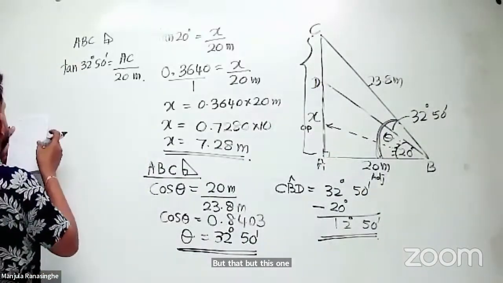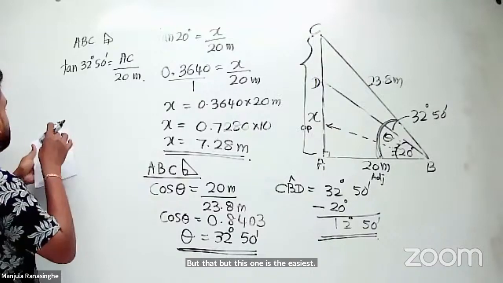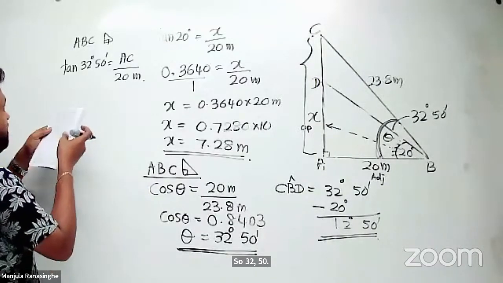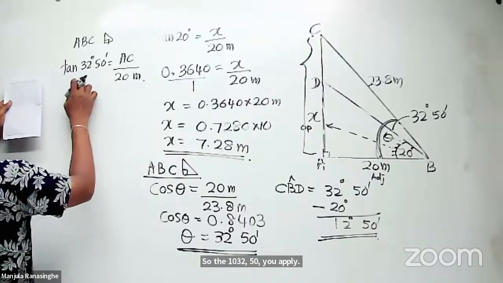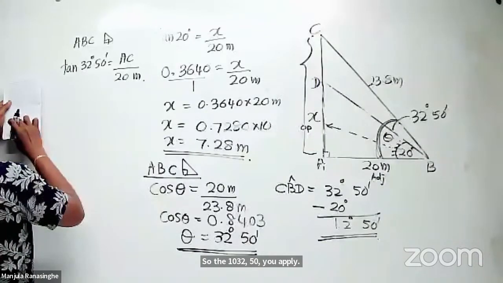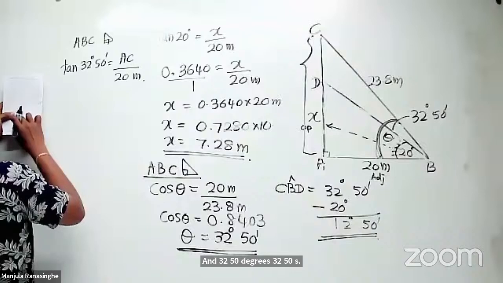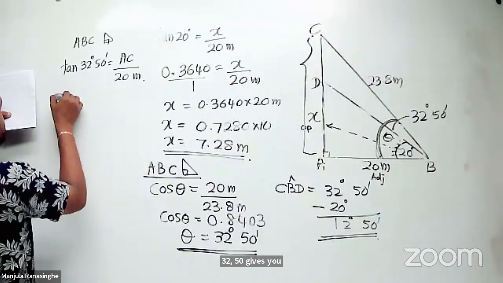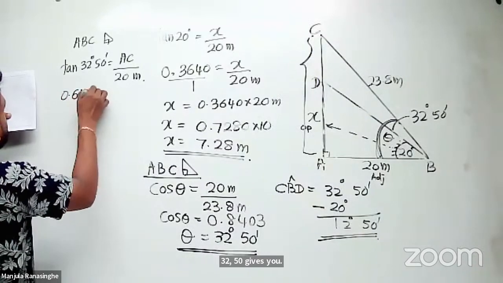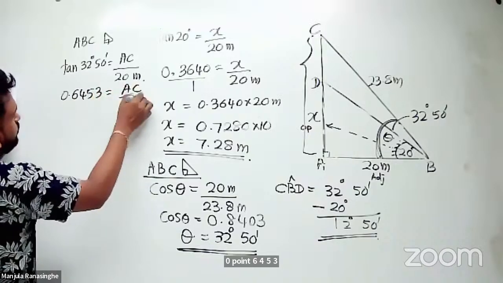So tan 32 degrees 50 minutes gives you 0.6453. 0.6453 equals AC upon 20.